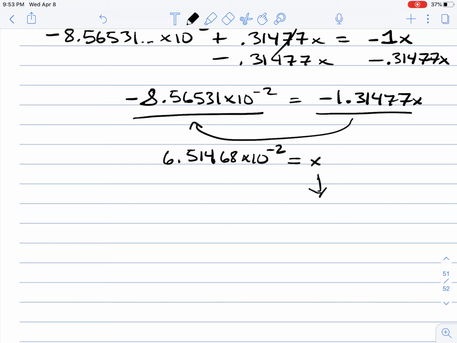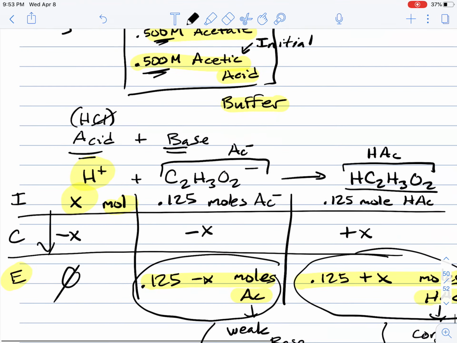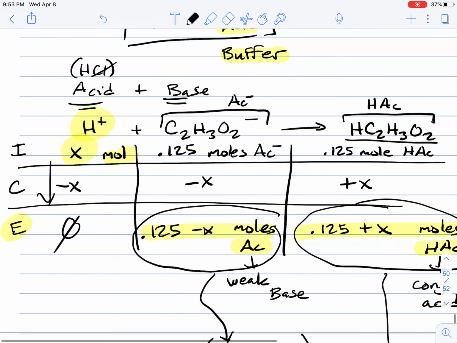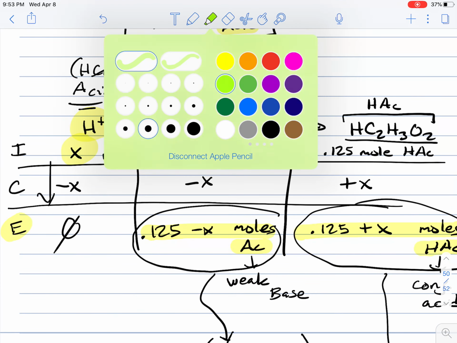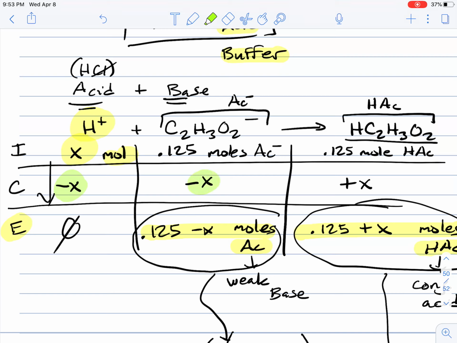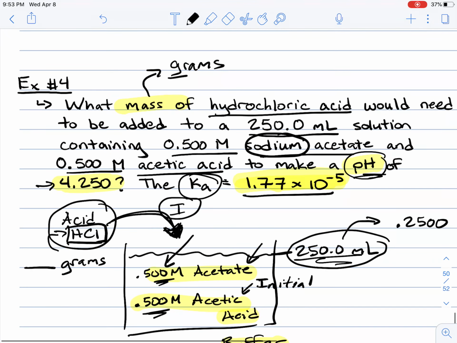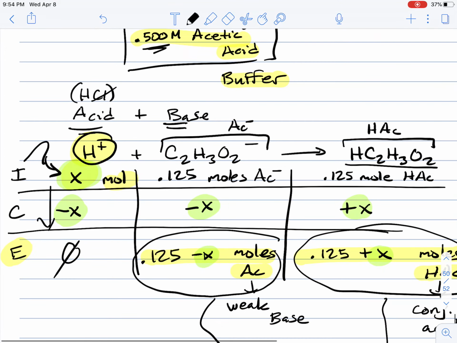And if you guys recall, x does represent the change. But with respect to the question that we're trying to address, it's representing the initial moles of the hydrogen ion that we're going to add to the solution to make this buffer at 4.250.